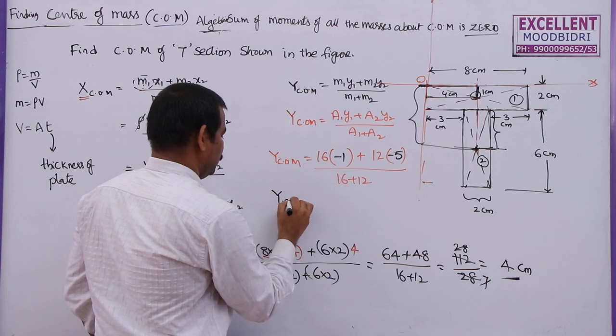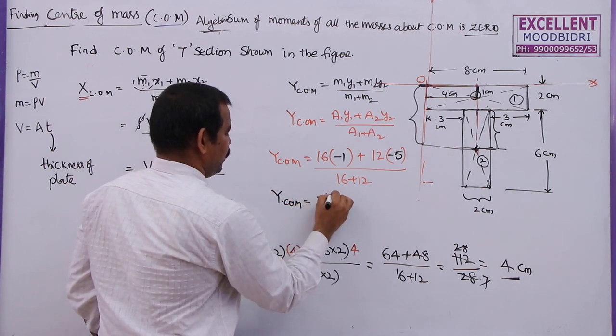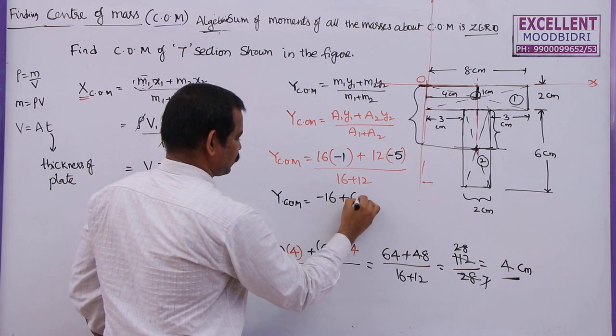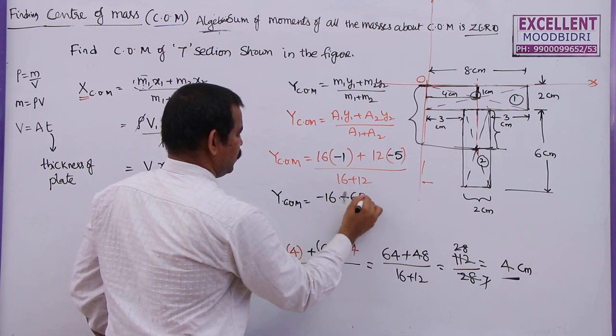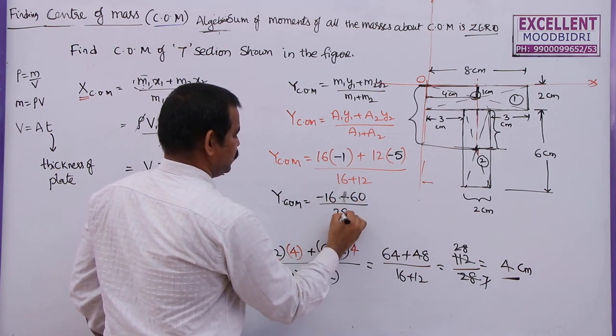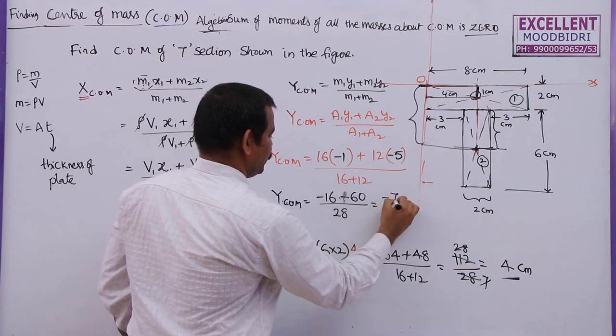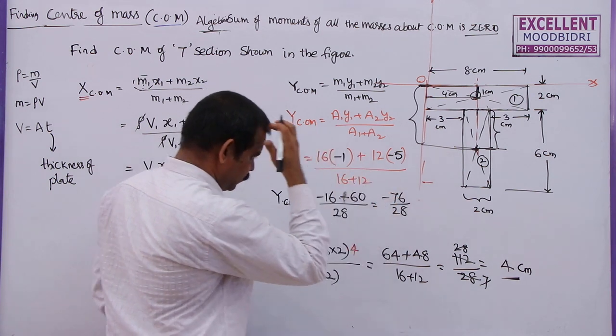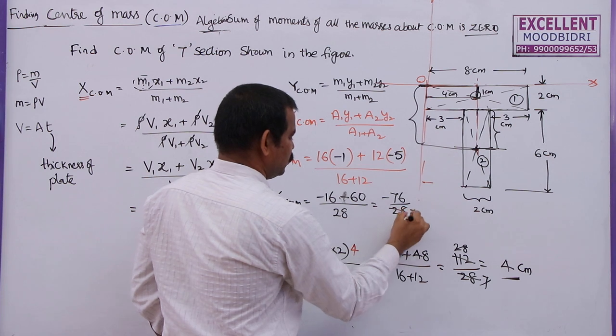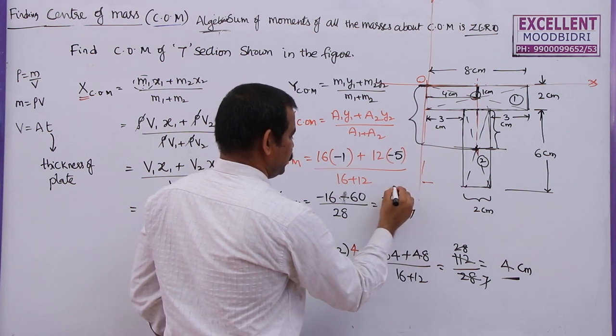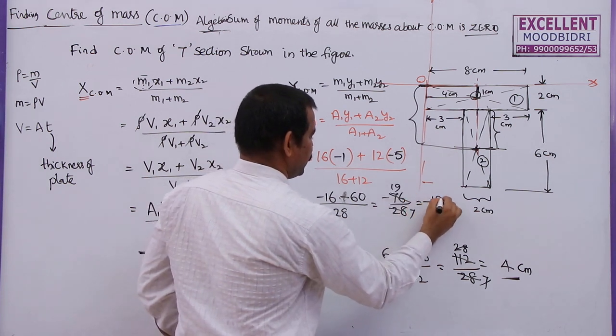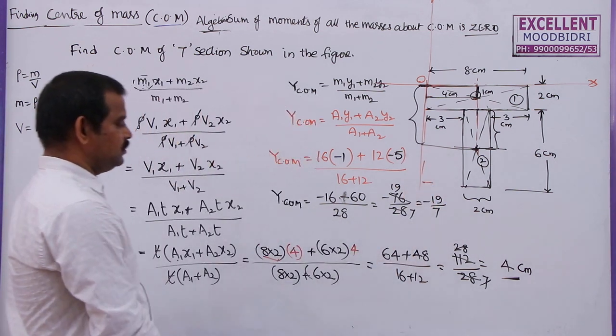So YCOM is given by minus 16 plus minus 60, by this is 28. So this is minus 76 by 28. So now you can cancel, 4 7s, 4 20s 80, 4 19s. So this is minus 19 by 7.